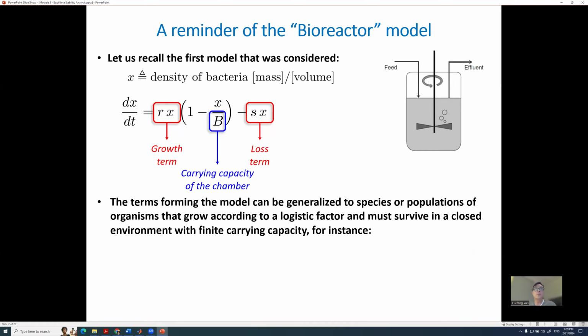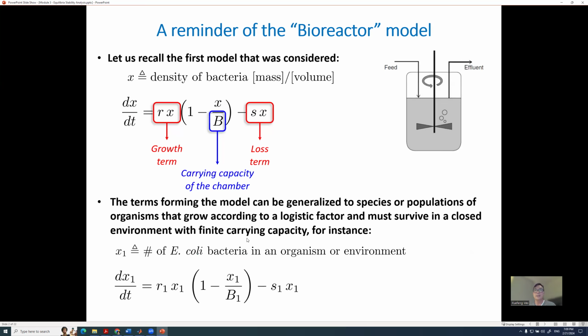The terms forming the model can be generalized to species or populations of organisms that grow according to a logistic factor and must survive in a closed environment with finite carrying capacity. This means that we can use the same type of equations to describe other phenomena.